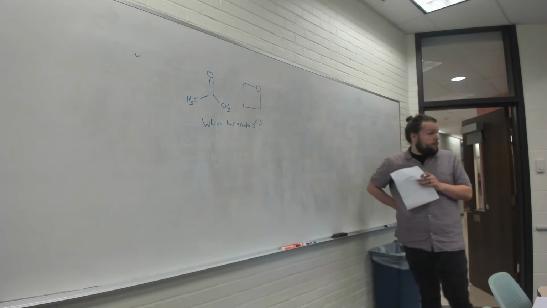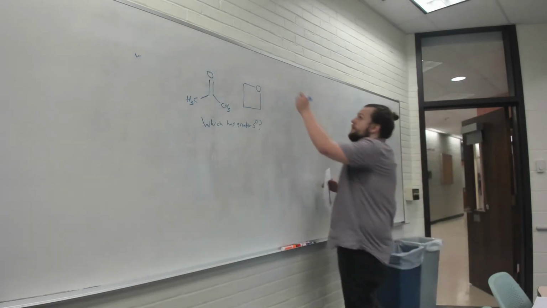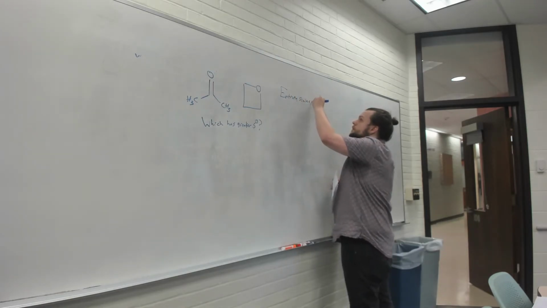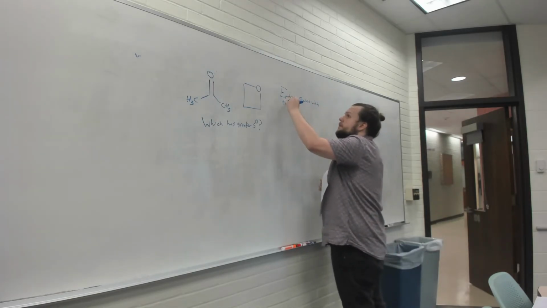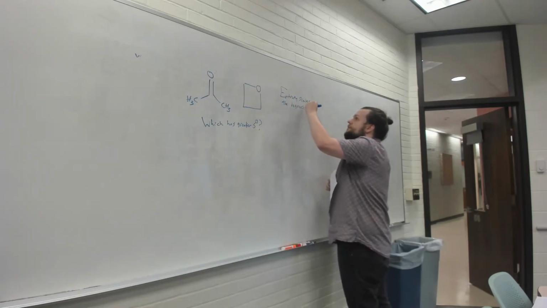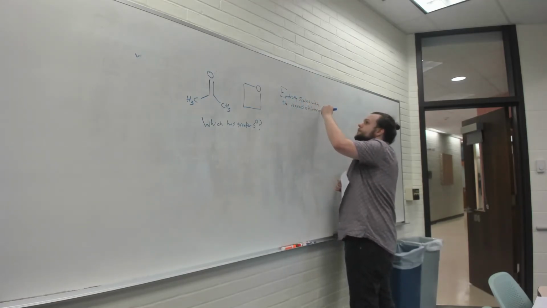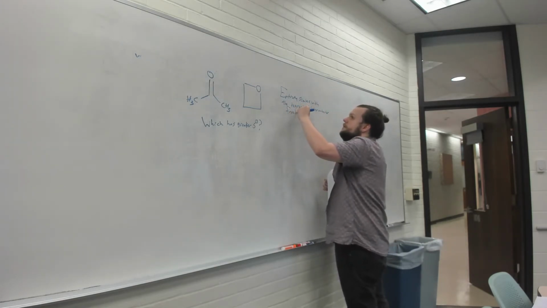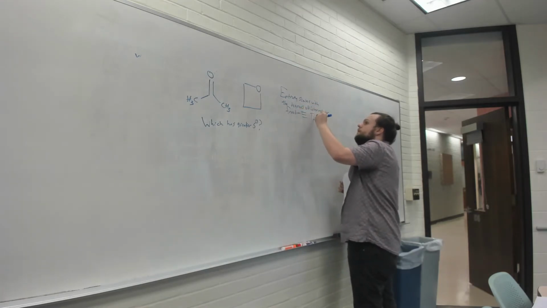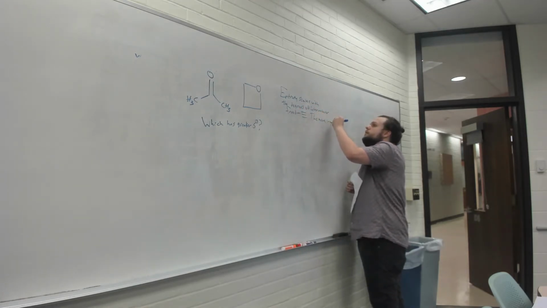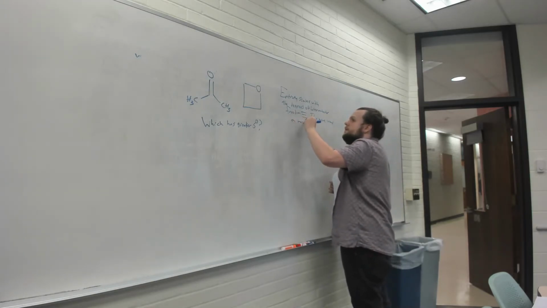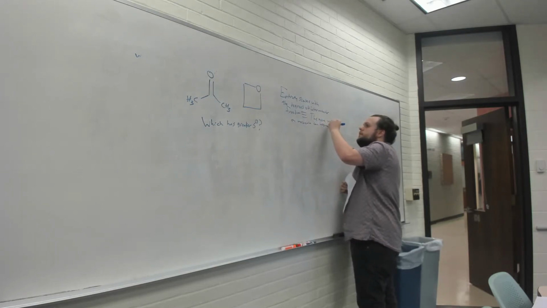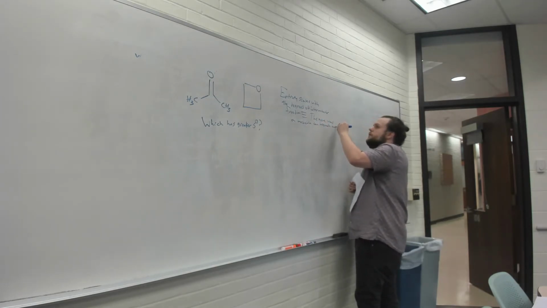But there's a really interesting way to look at this, is that entropy usually scales with degrees of intermolecular motion, freedom. So the more ways a molecule can move internally, the higher the entropy.